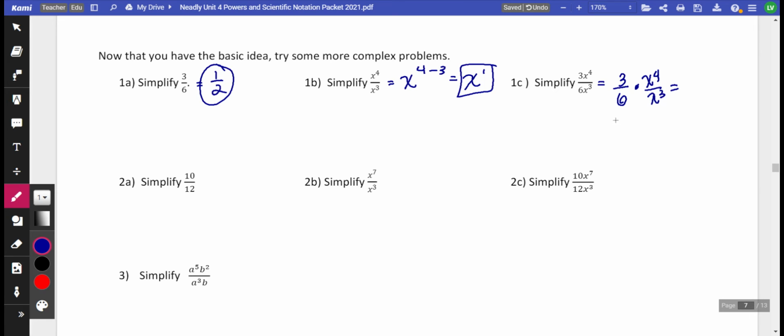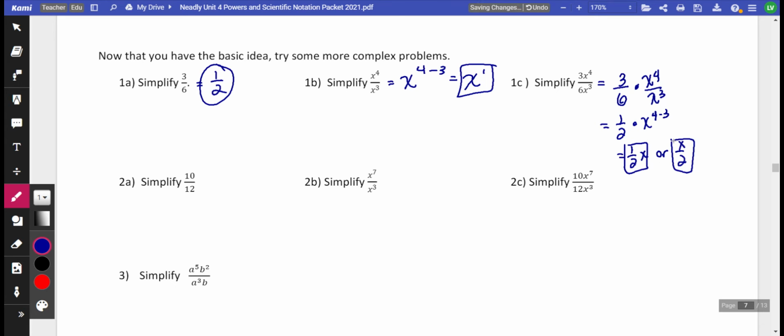So 3/6 simplifies down to 1/2 times x to the 4th minus 3, 1/2 x. Or you could have x divided by 2. I will personally keep it as 1/2 x.